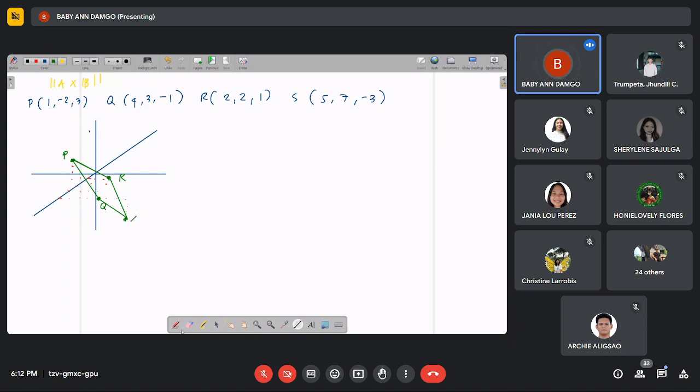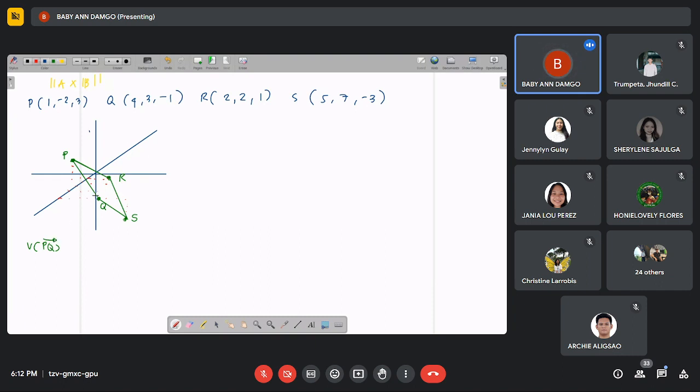Okay, so what we will show is that the side PQ and RS are parallel, and then PR and QS. So first we have the vector PQ.